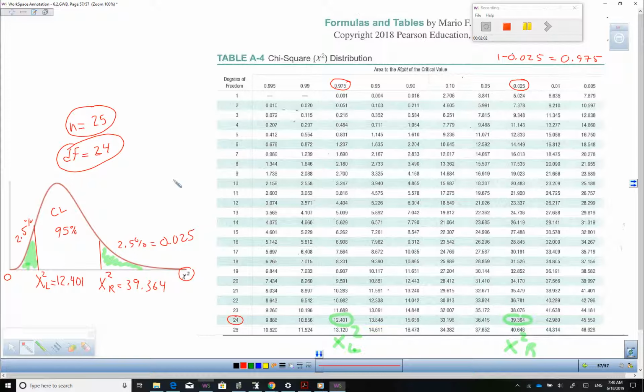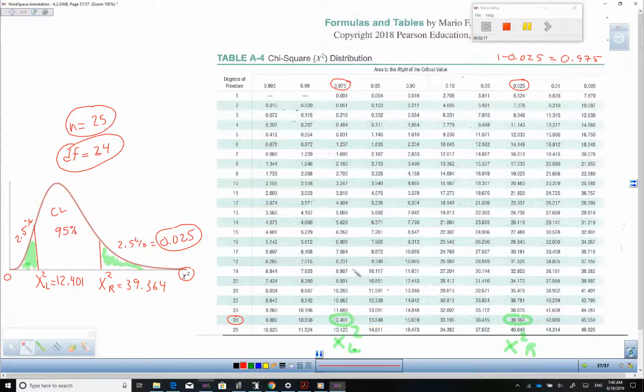We have to look under the 0.025, that's the area on this tail, and on the number 24 we cross this row with this column, and this is our right critical value, 39.364.